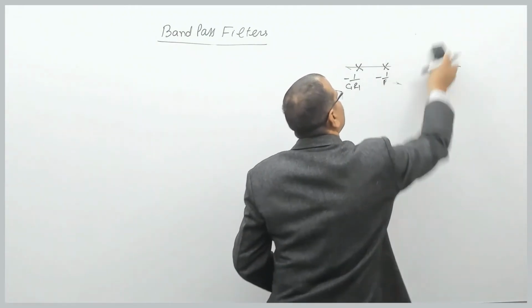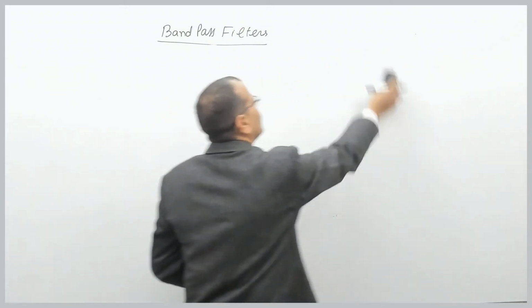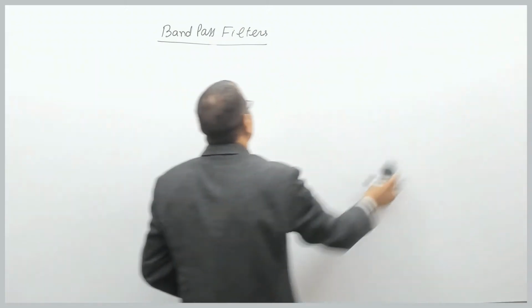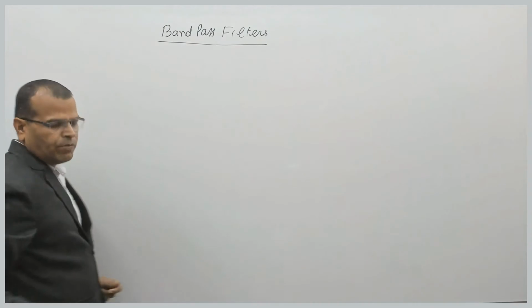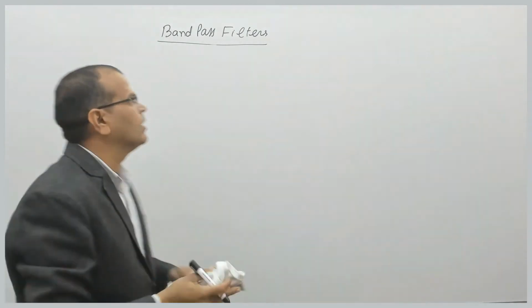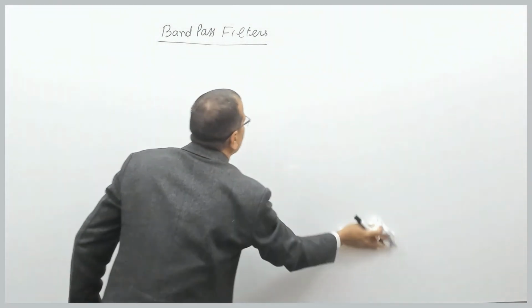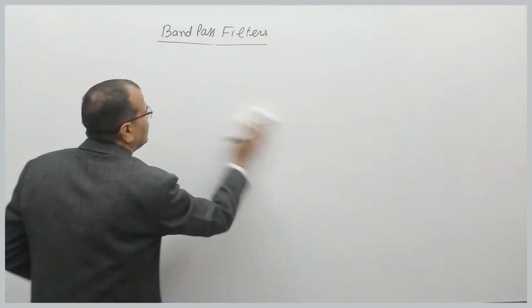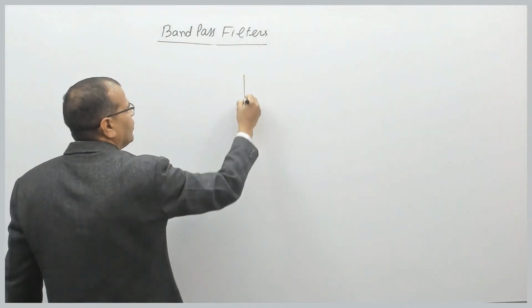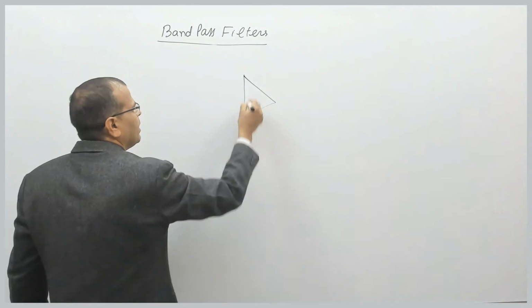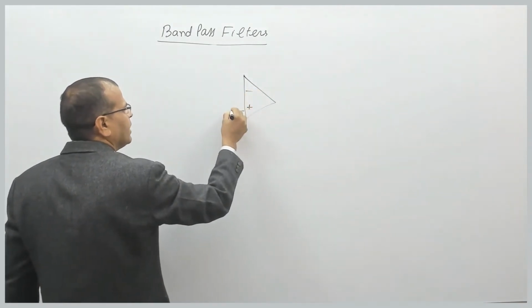That was in non-inverting mode. Similar to non-inverting mode, we can have inverting mode wide band pass filter. The diagram for inverting mode wide band pass filter is like this.